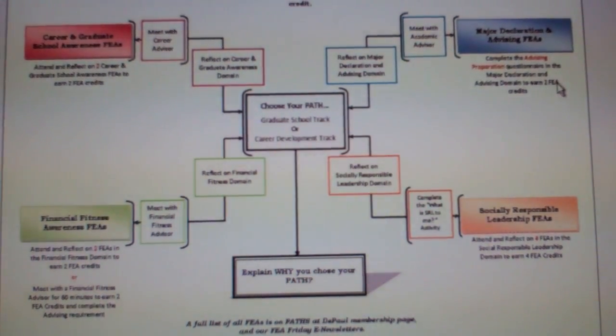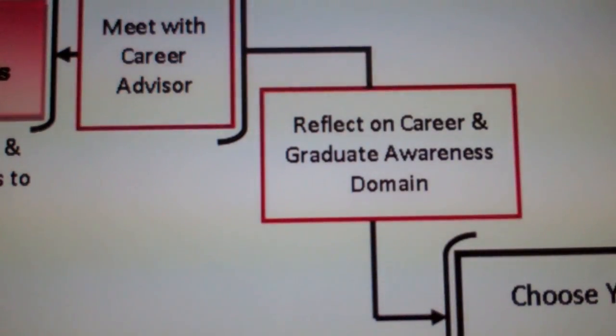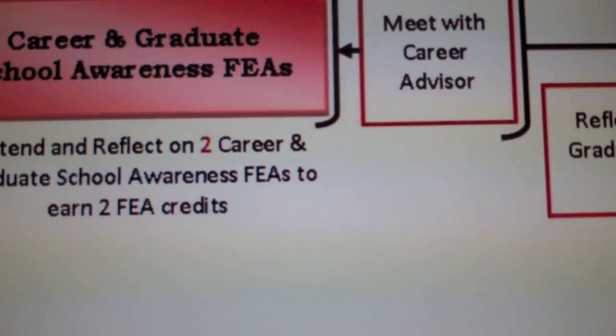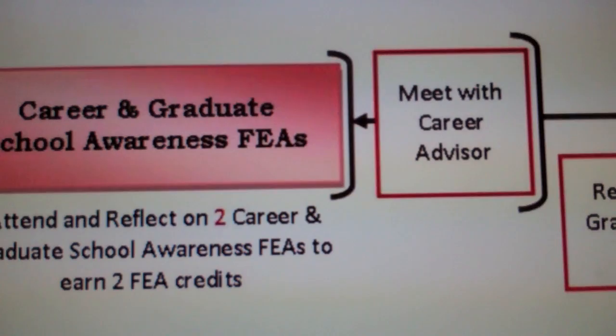Each learning domain has an FEA, advisory meeting, and a domain reflection requirement. So for each of these colors, we'll call them learning domains for now, let me zoom in on one of these here, you're going to see FEAs. Remember, where do you get your FEAs?